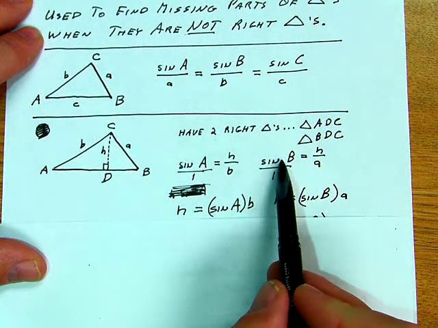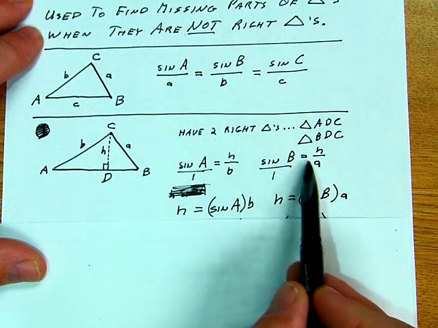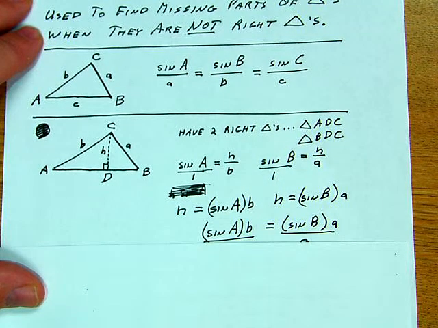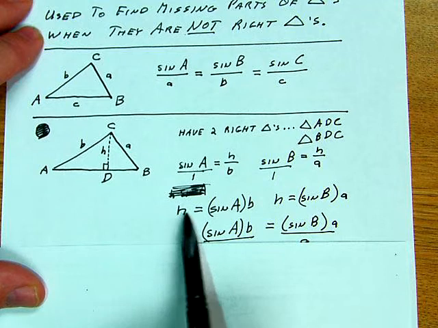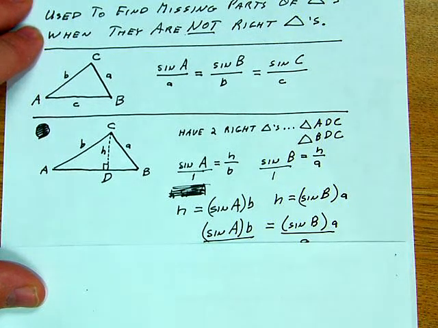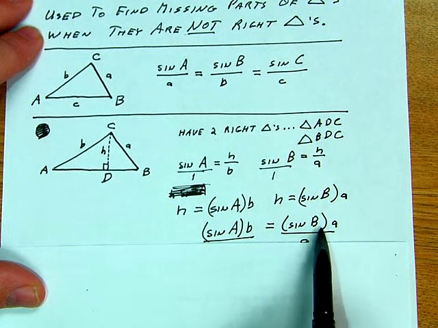And over here I did the same thing. h times 1 is h, and the sine of B times a. Okay, now I'm just going to substitute. Since they're both equal to h, I'm going to set each side equal to each other. So the sine of A times b is equal to the sine of B times a.